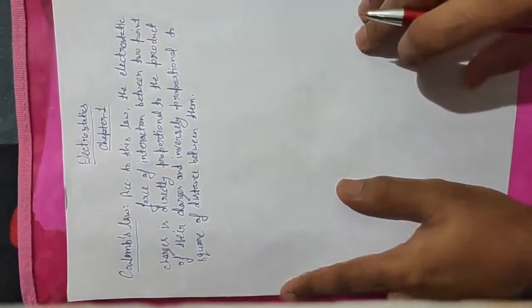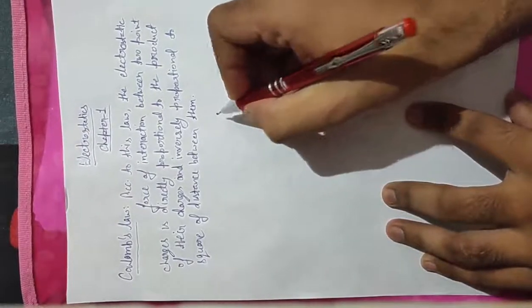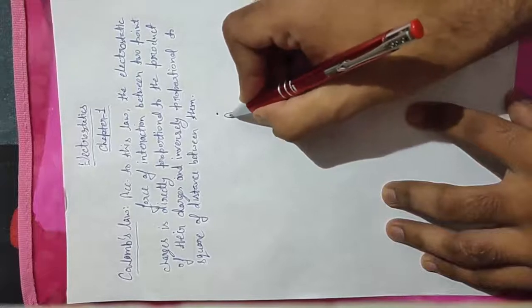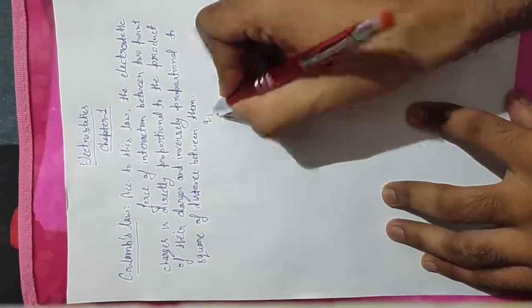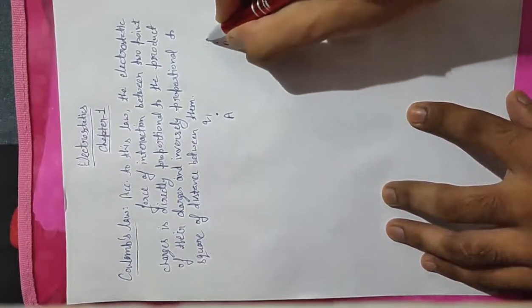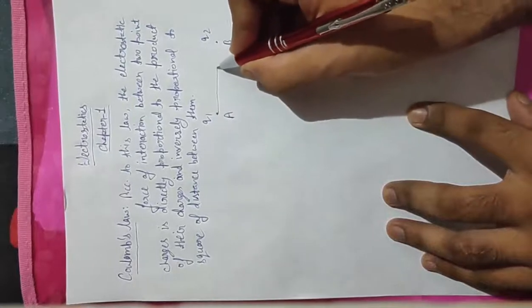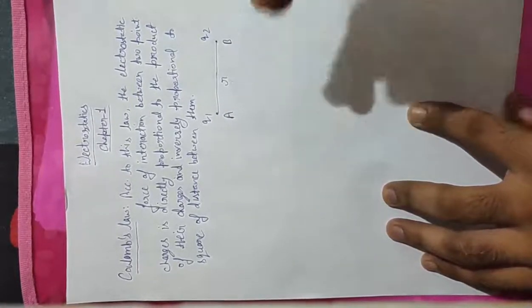Let us consider we have 2 point charges. The first charge at point A, that is Q1, and the second charge at point B, that is Q2. These two charges are separated by a distance r.